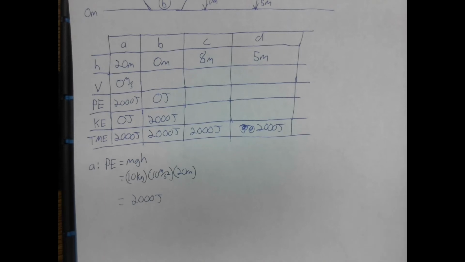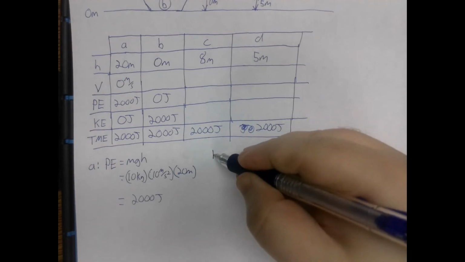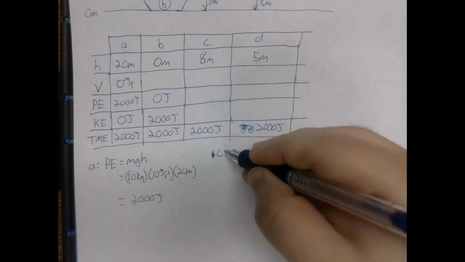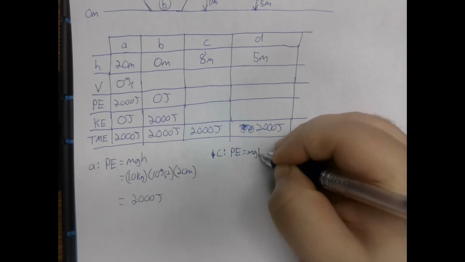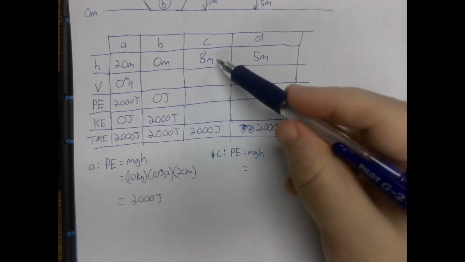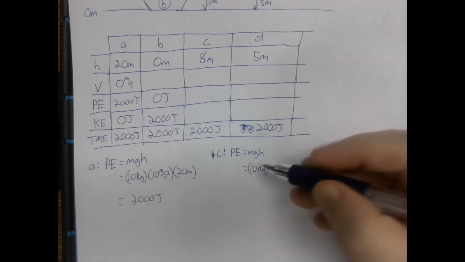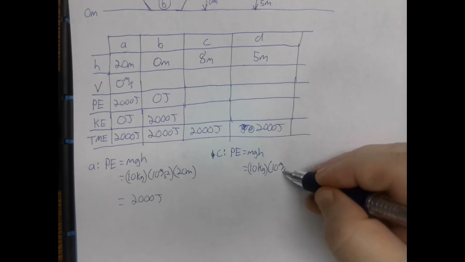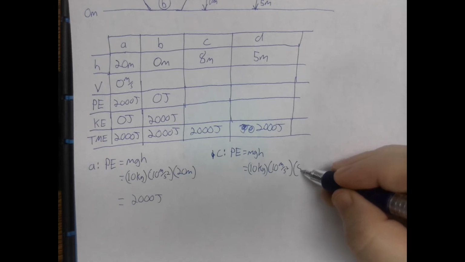Let's worry about the velocities last. Let's look at C's potential energy. The potential energy is equal to mgh. Looking at C, the mass is 10 kilograms, g is 10 meters per second squared, and the height is 8 meters.